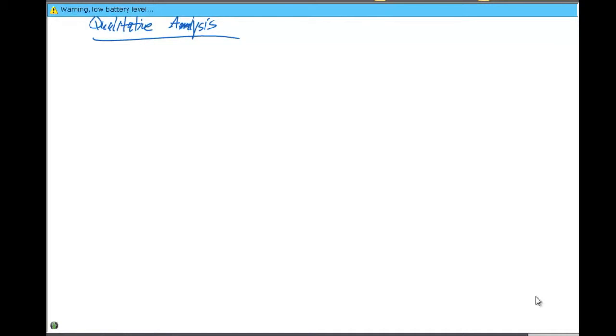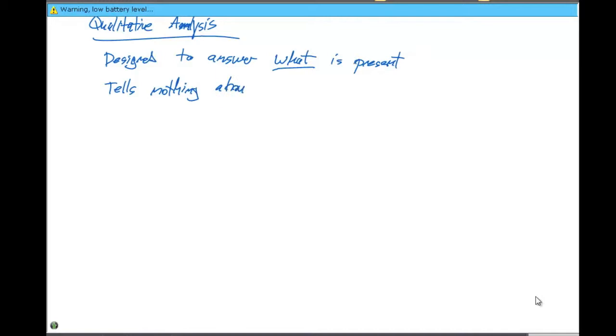A qualitative analysis experiment is designed to answer what is present. It tells nothing about the amount.